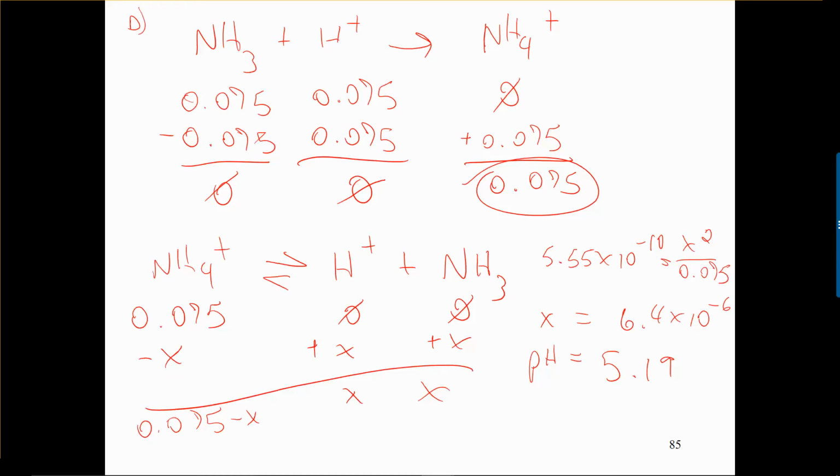So if I was going to use an indicator, I wouldn't want to use an indicator that was up in the basic region, or at neutral. I would want to use an indicator that shows me the acid at a pH of 5.19. So choosing the indicator for this titration would be important. I couldn't just use any indicator. It would need to be one that shows me that it's acidic.